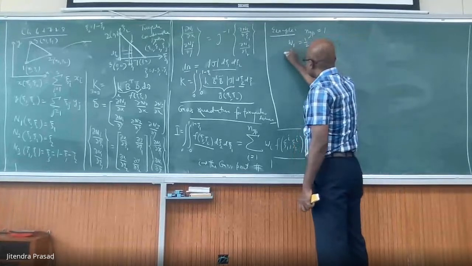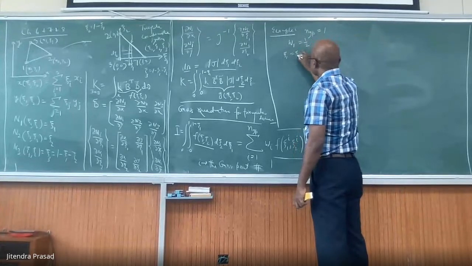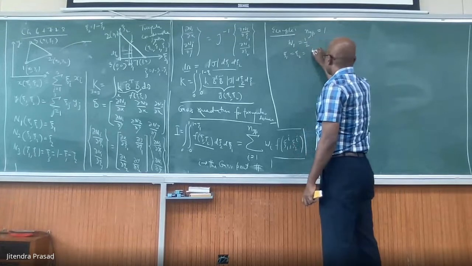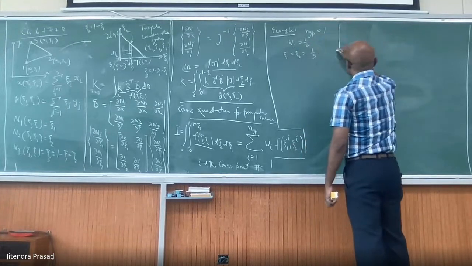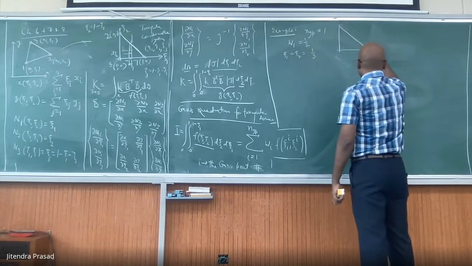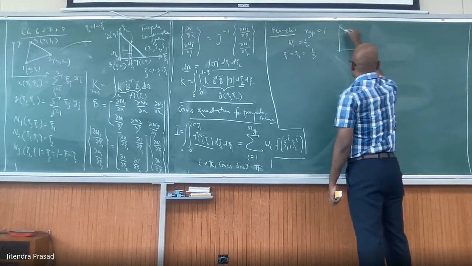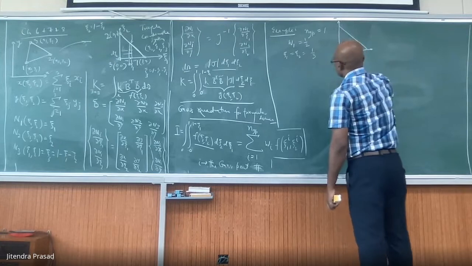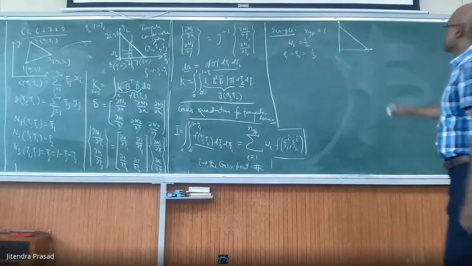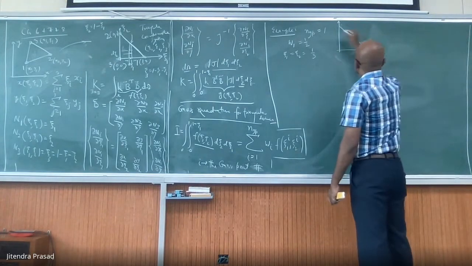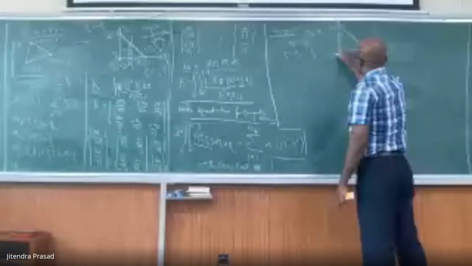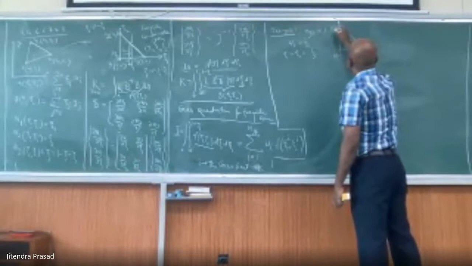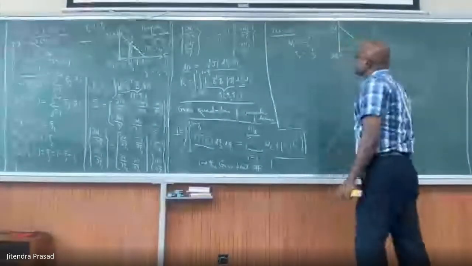The points xi1 equal to xi2 is equal to 1 over 3. So basically like this. So you have 1, 0, you have 0, 0, nodes 1, 2, and 3.